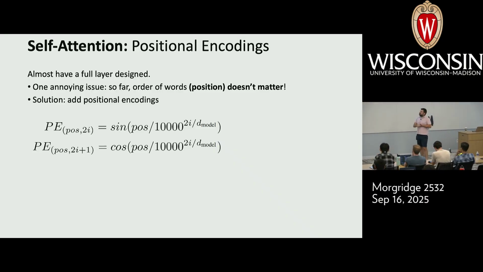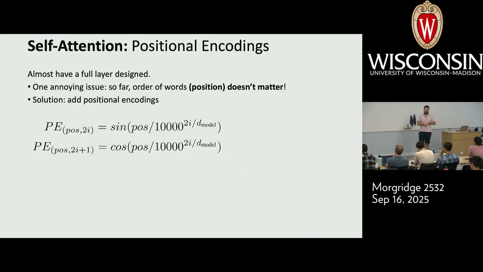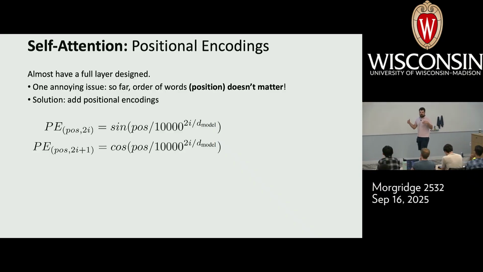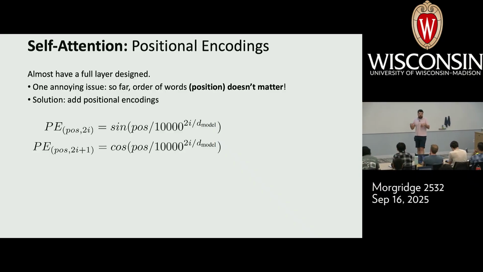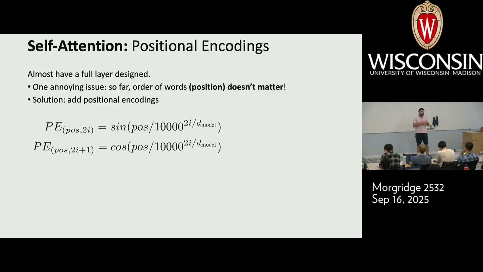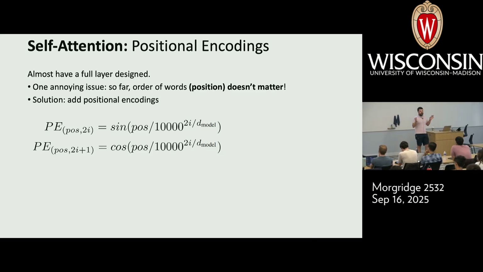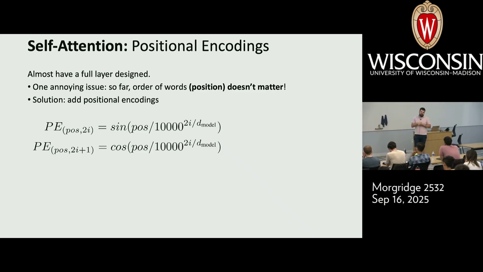Now, for a bunch of reasons that we talked about last time, we ended up doing this really weird encoding. This encoding says, OK, well, for every single word, I'm going to craft a special vector that gets added to the word embedding. And the special vector contains some information that represents the position I'm at. So the special vector contains information about being at position 0, or at position 1, or at position 2, or whatever. And this thing is a vector, so it has whatever length our word embeddings have.